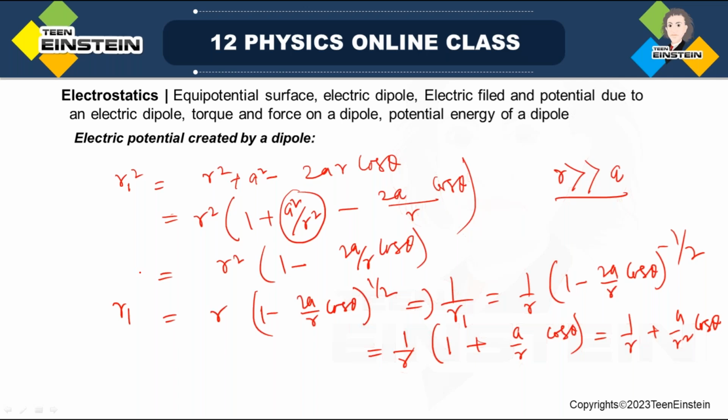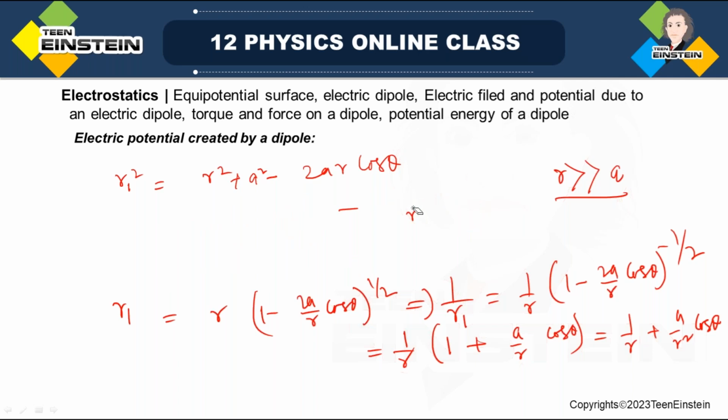if we do such calculation for r2, I'll write directly what I am going to get for the same approximation. So this will be positive anyway. So if we take r square common, this is r2.